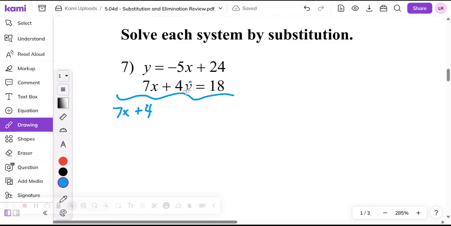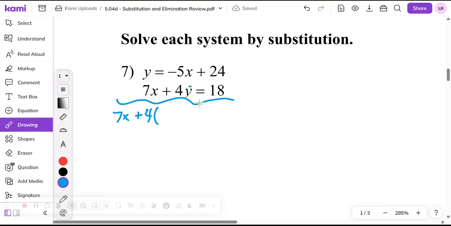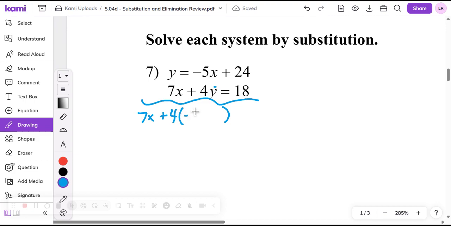Remember, we took out the y, and we're going to replace that y with negative 5x plus 24, and we get equals 18. And this is the equation that we start with.